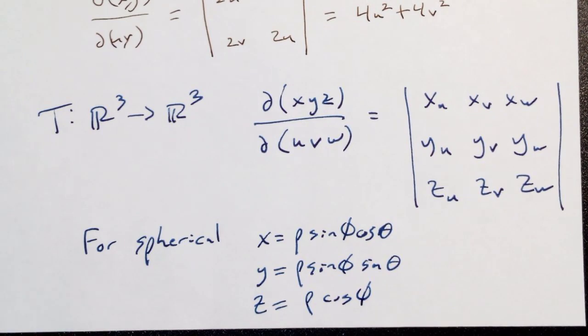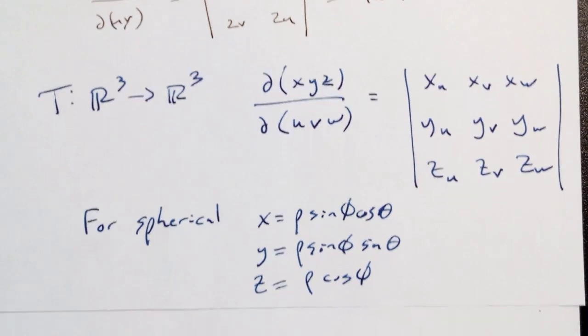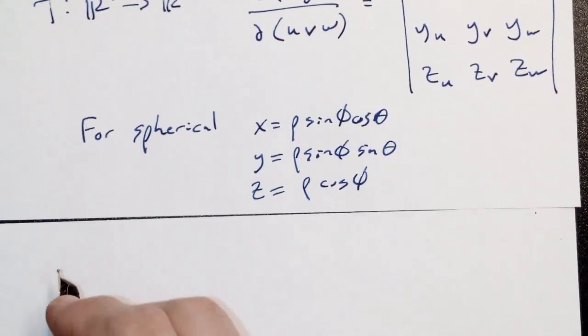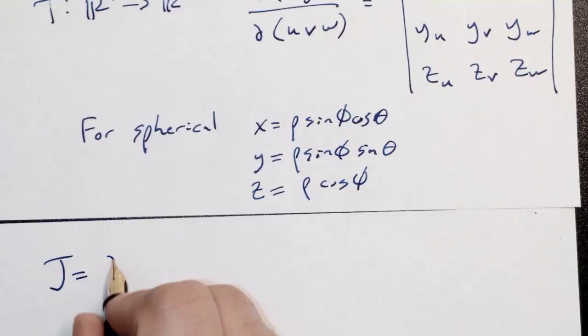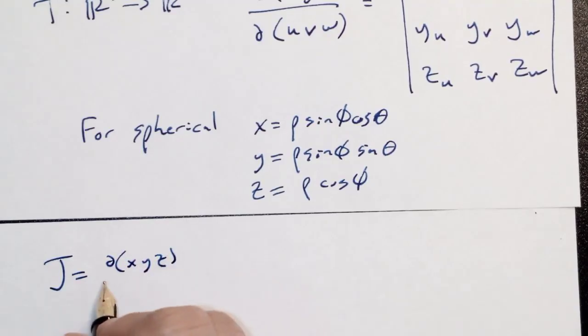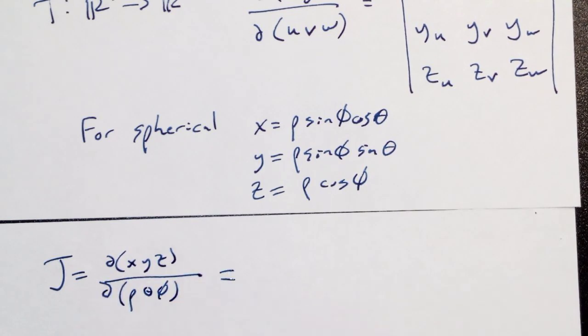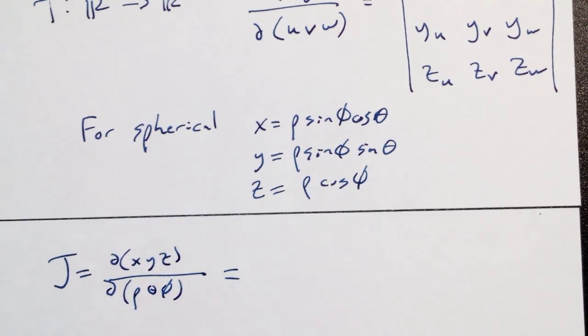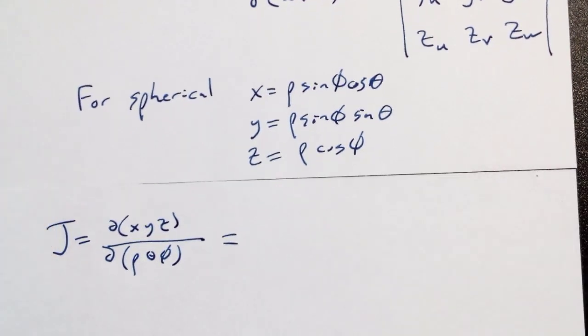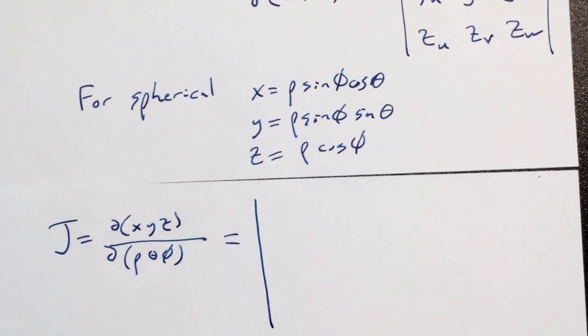So let's set it up. I'm not going to do it. I just want to set up the Jacobian. Three rows, three columns. The rows are x, y, z. The columns are rho, theta, phi. So I'm going to go down columns instead of across rows.